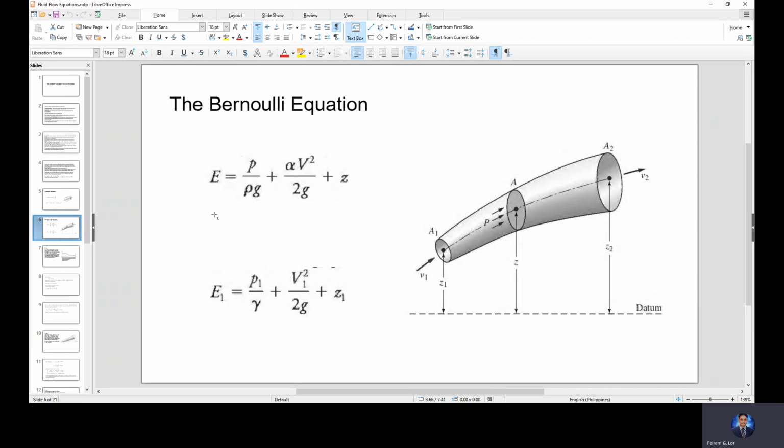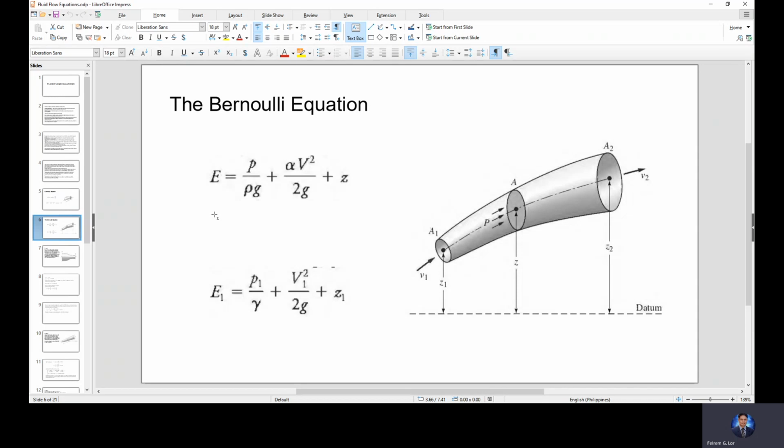So we can say that the total energy at any point of the fluid traversing through a conduit is just the sum of those energies: the sum of potential, kinetic, and pressure energy. We have also discussed that in our previous discussion.